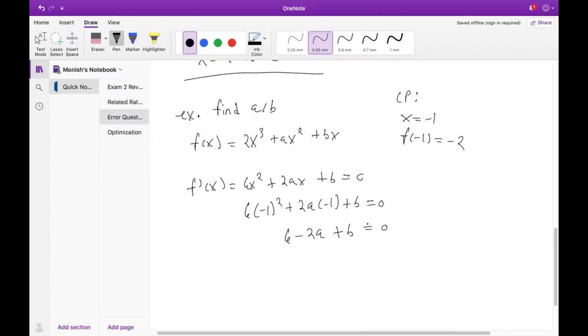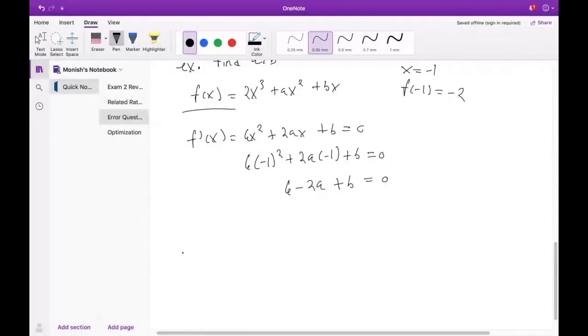So then we also know that f of -1 is equal to -2. So we can set up something with this equation. So we know -2 is equal to 2 times (-1) cubed plus A times (-1) squared plus B times -1.